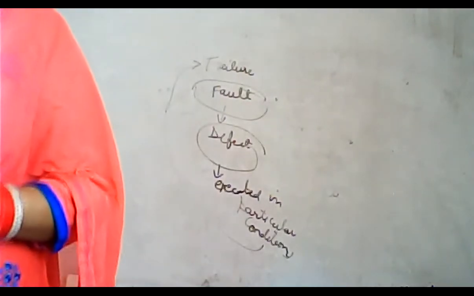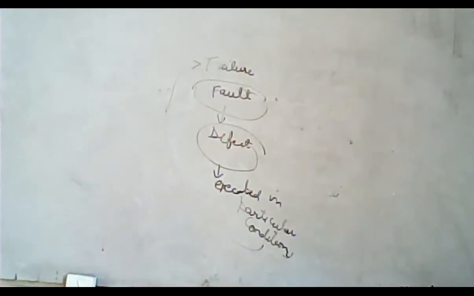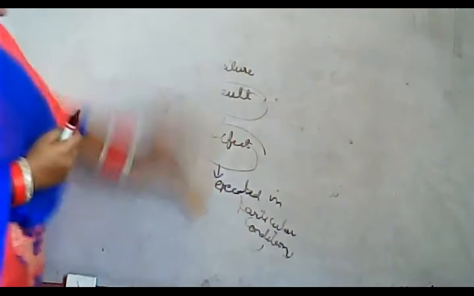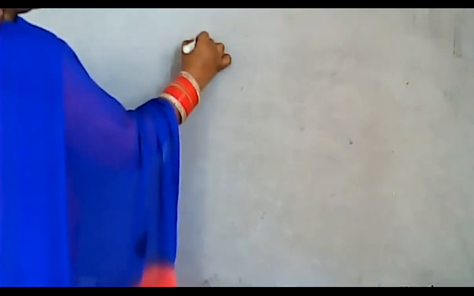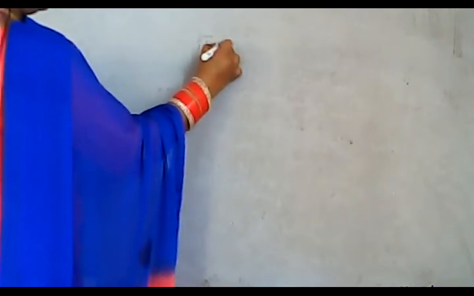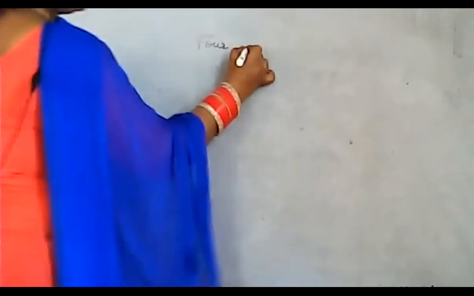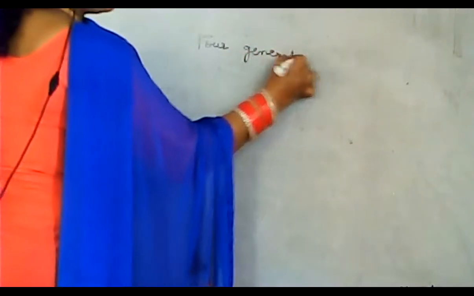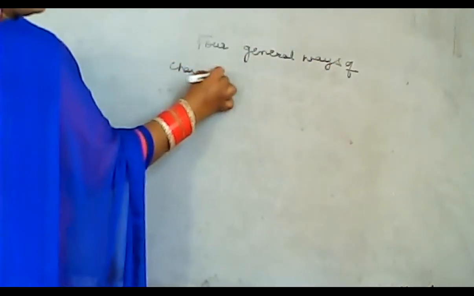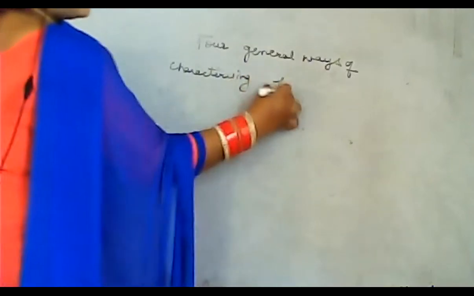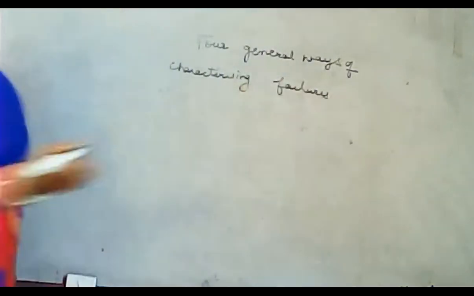There are four general ways we characterize failure occurrences in time. Four general ways of characterizing failure occurrences.